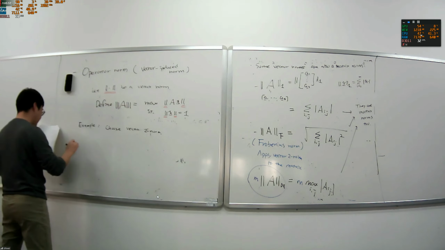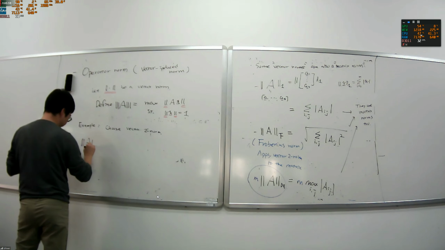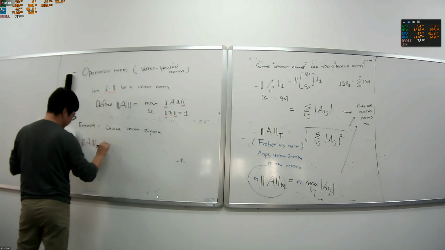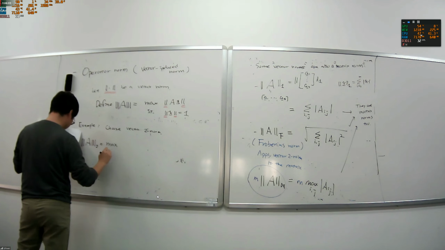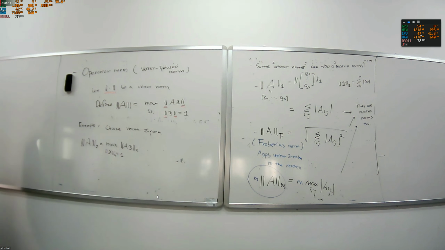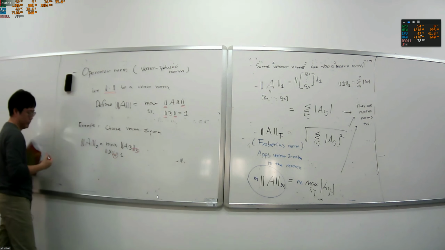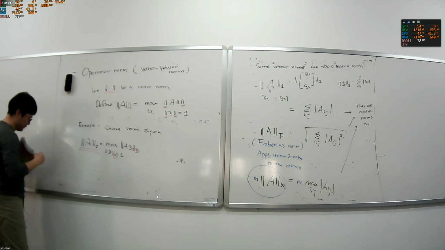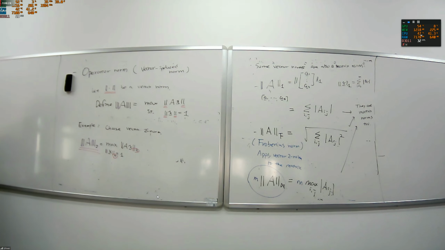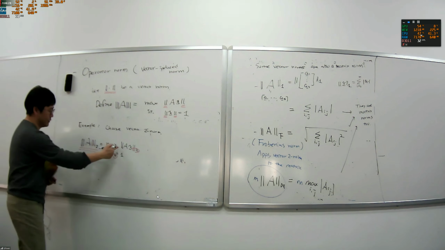Then the induced matrix 2 norm is the one we know very well.